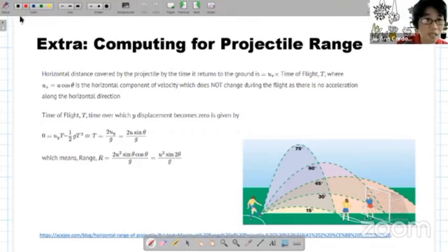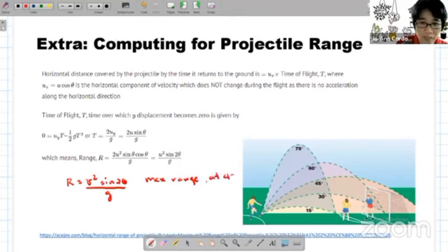Without doing the derivation anymore, we know that R is equal to V squared sine 2 theta over g. So what we know is that the maximum range is supposed to occur at 45 degrees. Why 45 degrees of all the angles? You will notice that it is sine 2 theta.